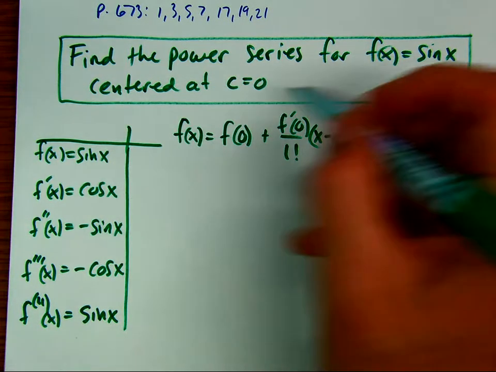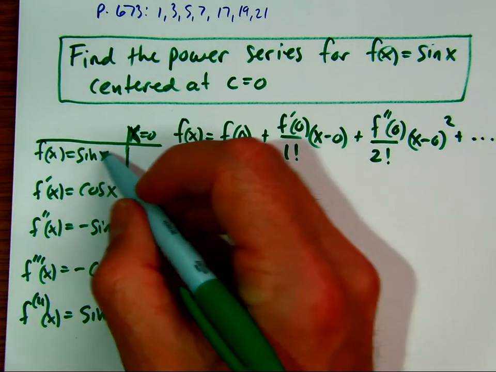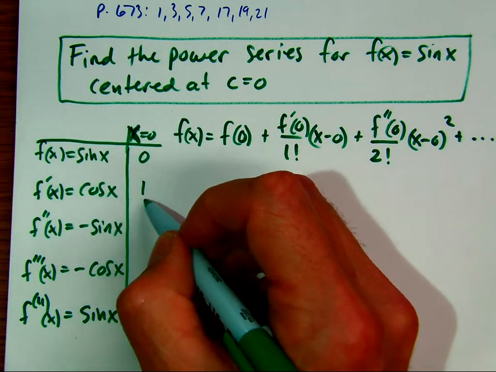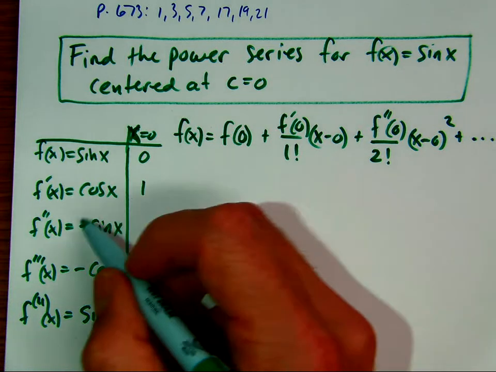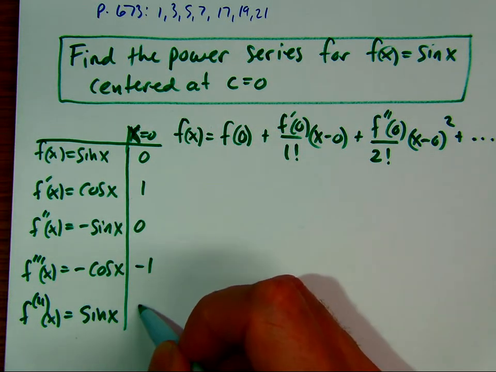And then we substitute c equals 0, or x equals 0, and we get sine of 0 is 0, cosine of 0 is 1, negative sine of 0, negative cosine of 0, sine of 0.